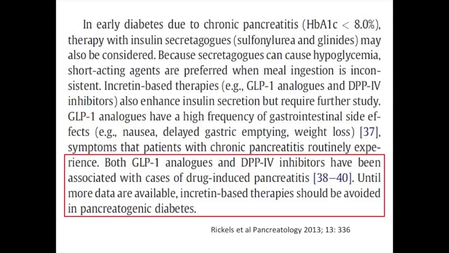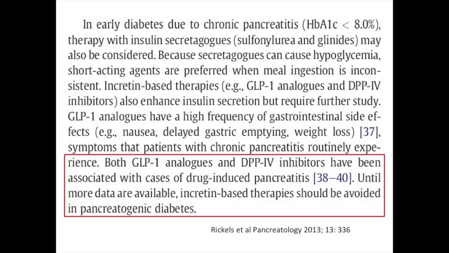One issue in particular is the possible use of incretin-based therapy because of the associated pancreatic abnormalities that have been reported or suspected with incretin-based therapy. It seems prudent to avoid using those drugs until we have better data, better safety studies, better long-term treatment studies to tell us whether those drugs are really truly safe in patients with pancreatogenic diabetes.